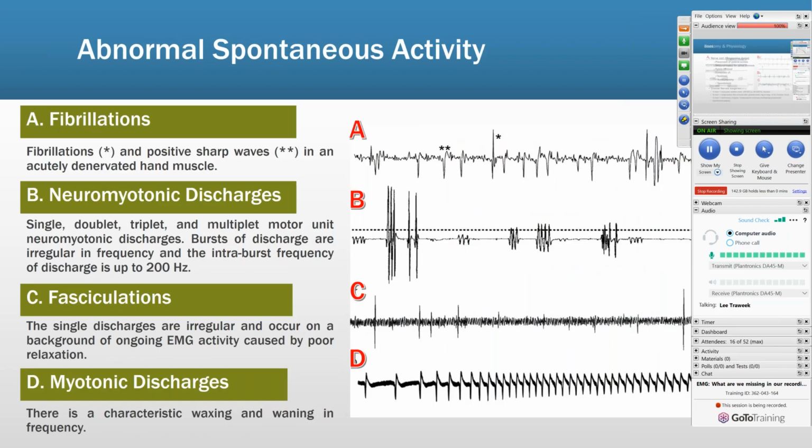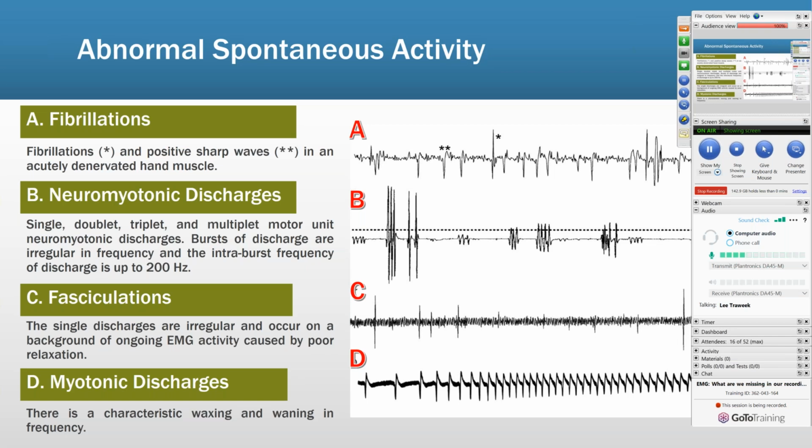So again, going to go quickly over the train activity. The abnormal spontaneous EMG activity we can see is fibrillations. Fibrillations is the first one on the top. They're positive sharp waves, and they are present due to a damaged nerve, typically when the nerve is damaged or cut.